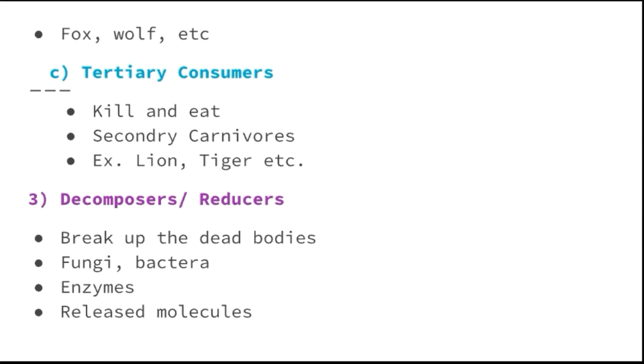The dead matter is converted into debris and smaller molecules, and these molecules are absorbed by the reducers. After taking energy, the reducers release molecules to the environment as chemicals to be used again by the producers.